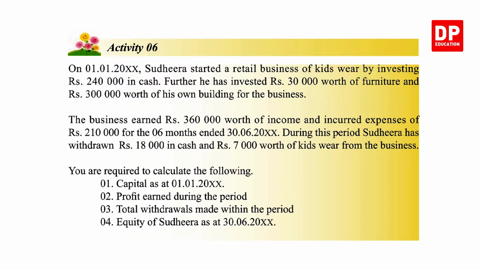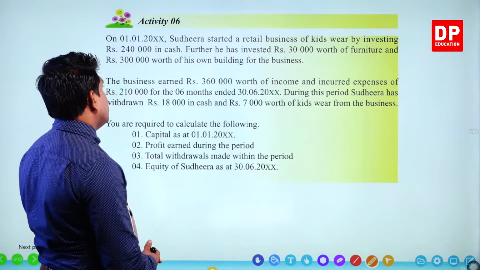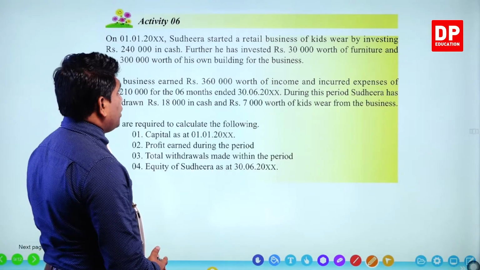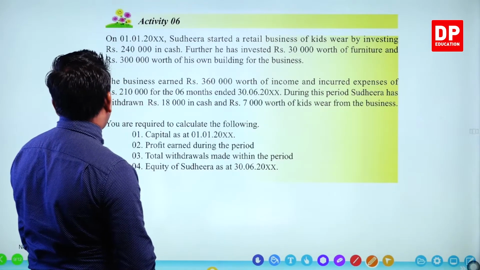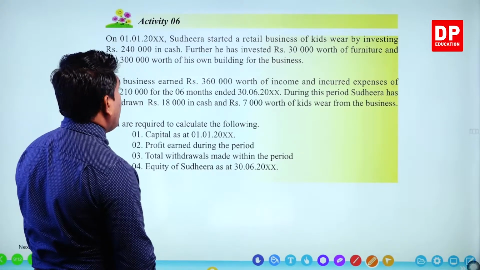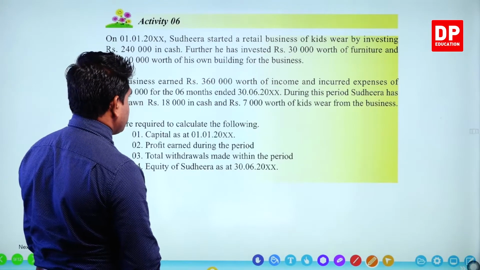You can turn to your textbook activity. It's activity 6. On 1st of January 2020, Sudhir started a retail business of kids wear by investing 240,000 rupees in cash. Further, he has invested 30,000 worth of furniture and 300,000 rupees worth of his own building for the business.